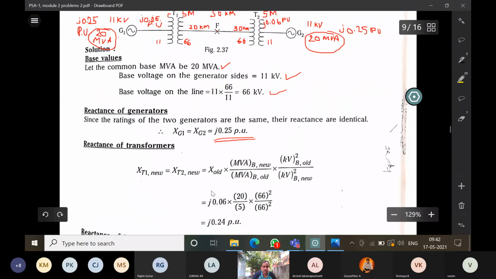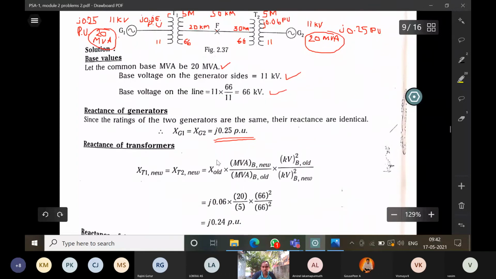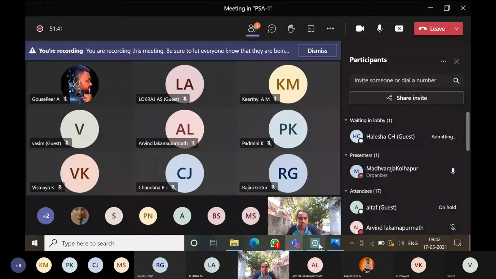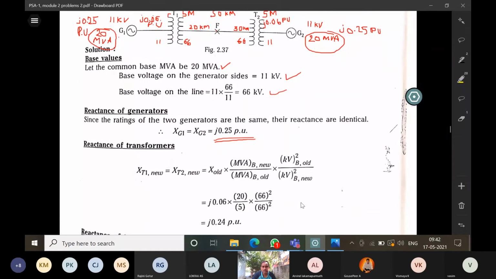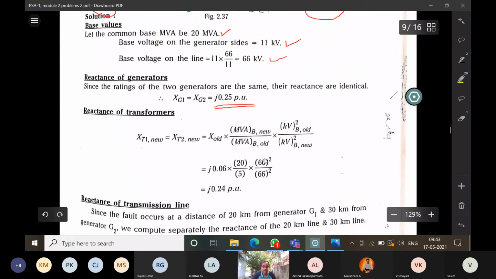For the reactance of the transformer, 0.06 per unit is given, but we need to convert from the old base to the new base.